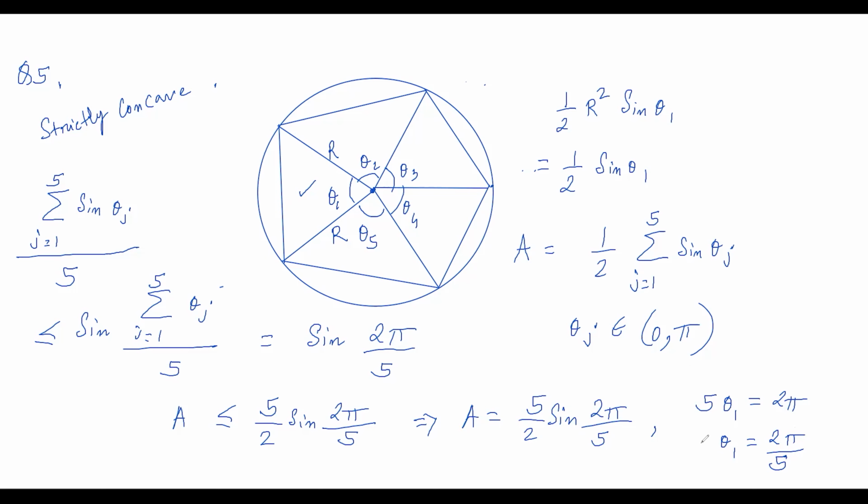And so since for all j, theta j is equal to 2 pi over 5, we have that the pentagon is regular. And so we are done with this problem.